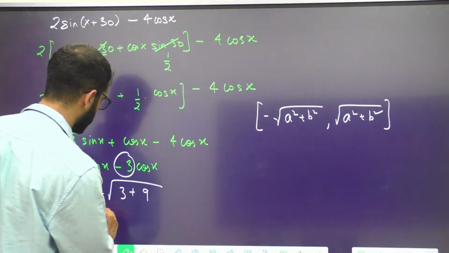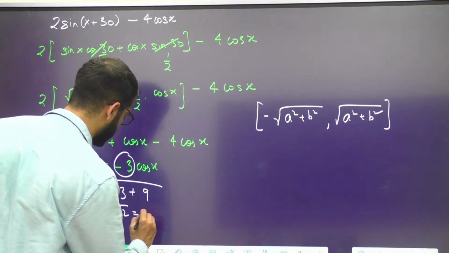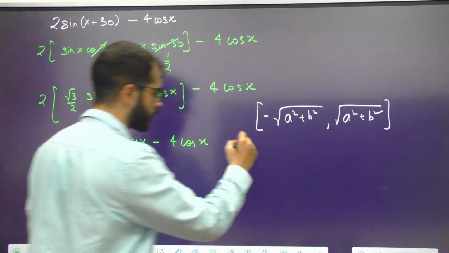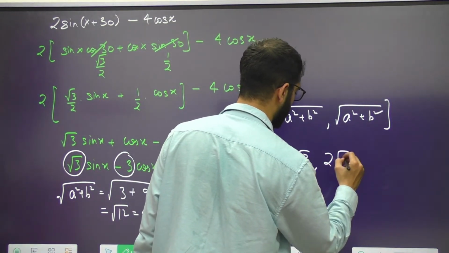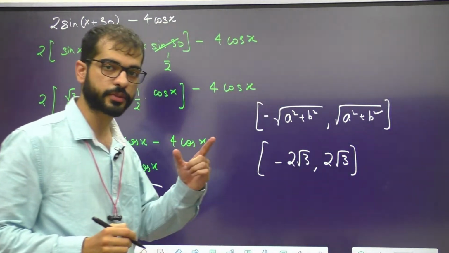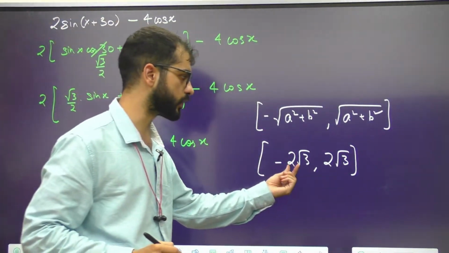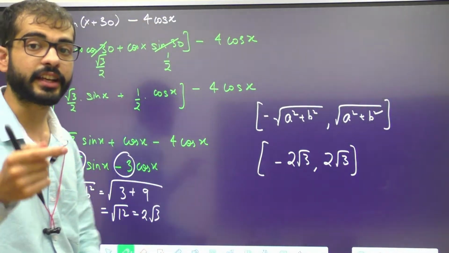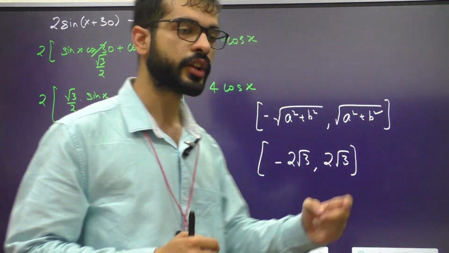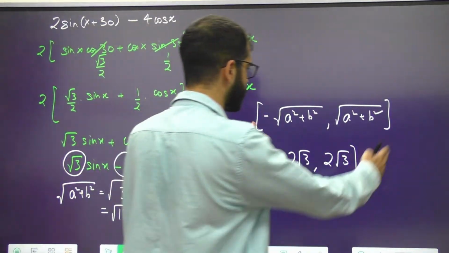So it is going to be root 12, which can be written as 2 root 3. So the range of the expression is going from -2 root 3 to 2 root 3. Closed interval, because as we discussed, sine includes the values -1 and 1. So this expression is going to include the extreme points.